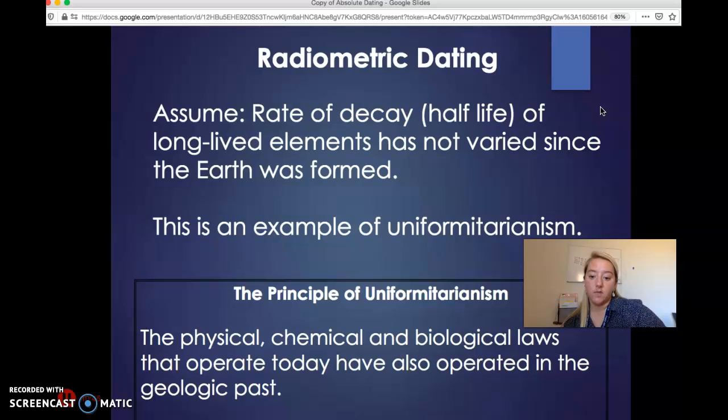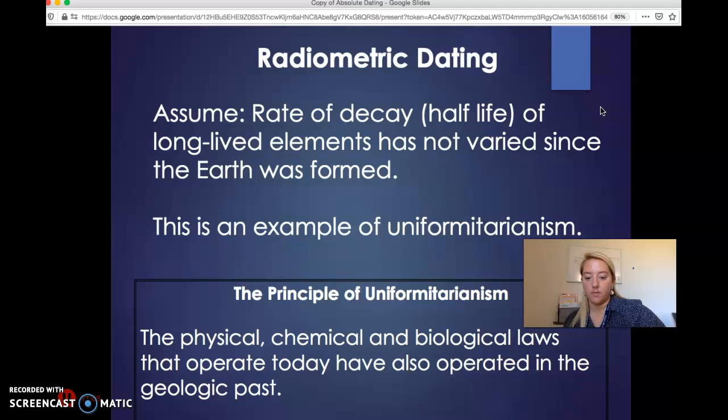This is an example of what we call in science uniformitarianism, big word. This is the principle that the physical, chemical, and biological laws that operate today have always operated in the geological past. That's just an assumption we make as scientists.